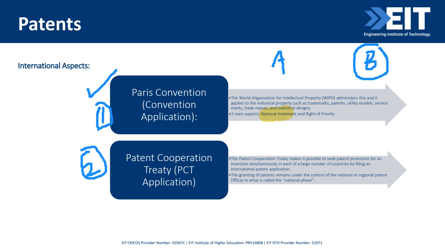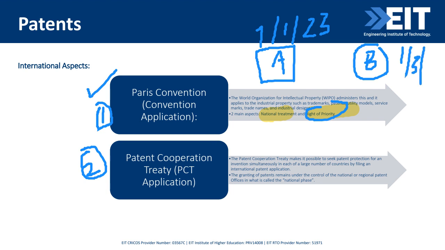The second important aspect under the Paris Convention is called right of priority. Say I have applied in country A, my own country, on 1st of January 2023. And then a couple of months later, let's say 1st of March 2023, I decide to apply in country B. What would be my priority date in country B?